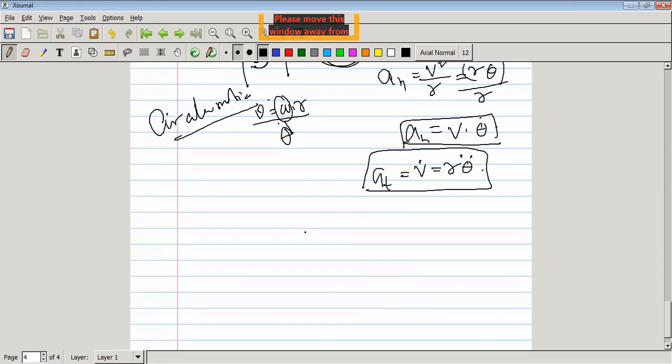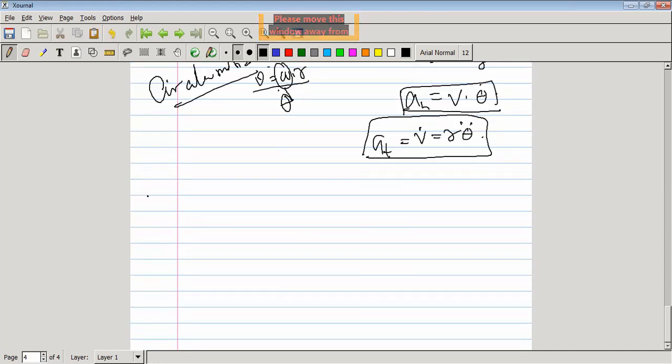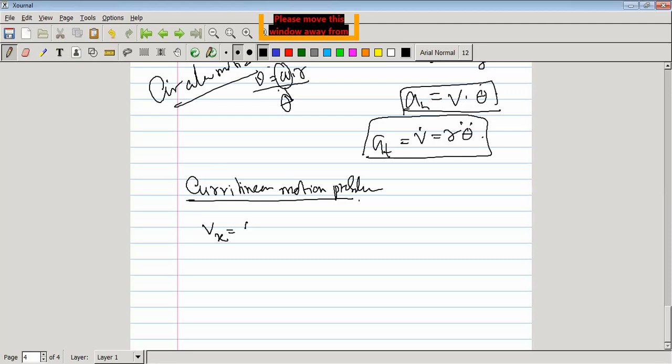Then now we shall start one problem on this curvilinear motion. So the question is like this: for a curvilinear motion of a particle, suppose the Vx component is defined as a function of time.